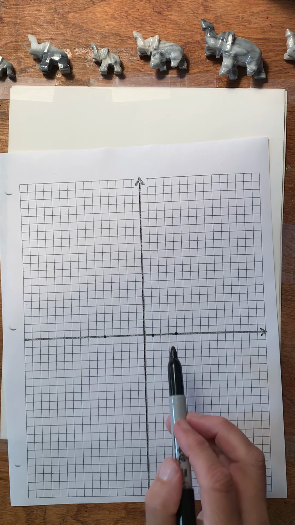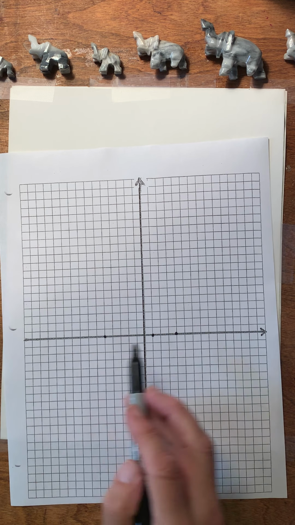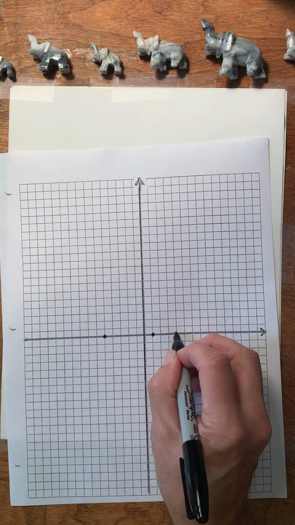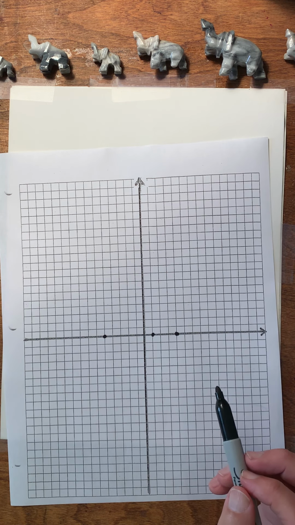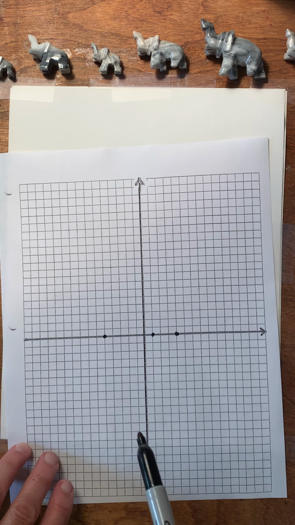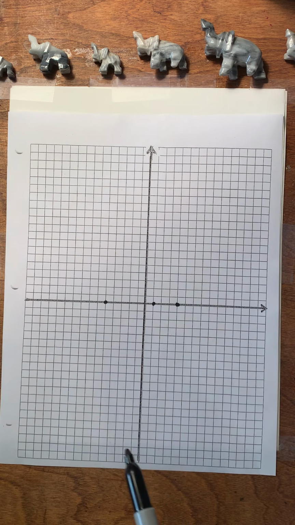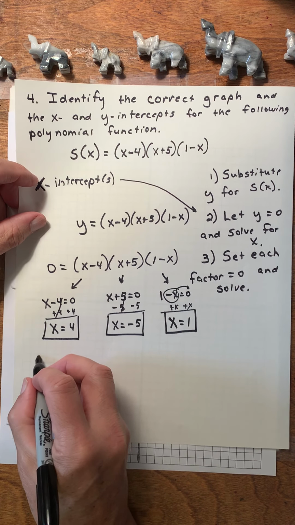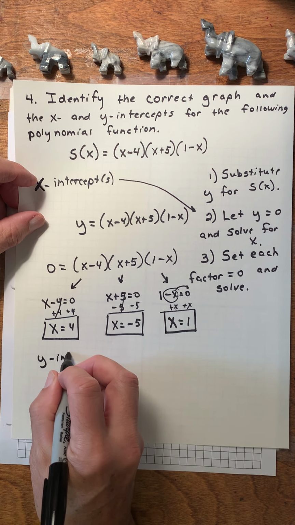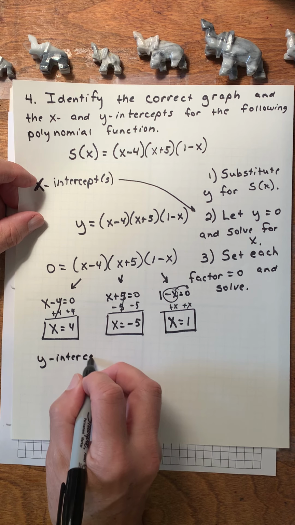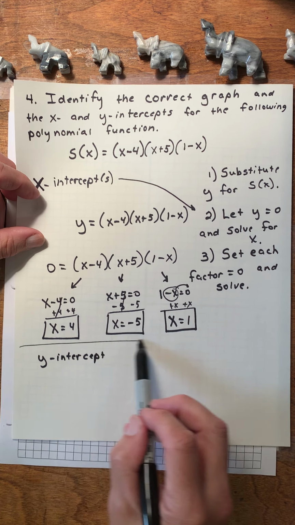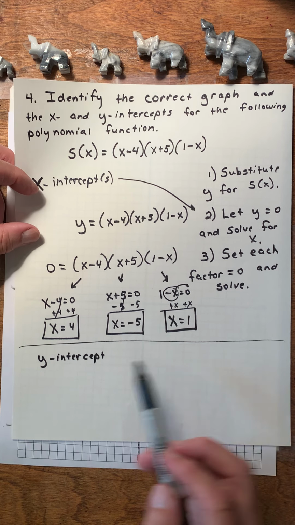But it's going to intersect the x-axis in these 3 places. Hey, you know what will help me find out what this thing looks like? That is to find the next thing I'm looking for, the y-intercept.